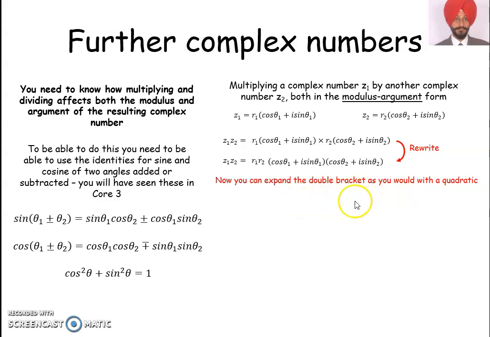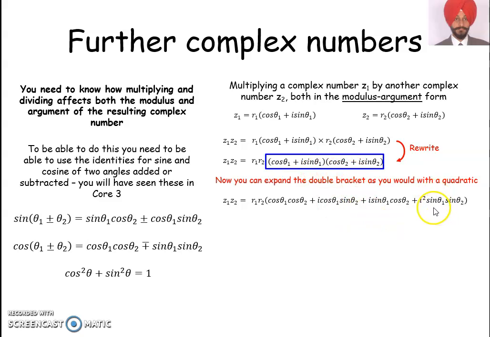Now you can expand the double bracket as you would in a quadratic. So cos theta 1 cos theta 2 plus iota cos theta 1 sin theta 2 plus iota sin theta 1 cos theta 2 plus iota square sin theta 1 sin theta 2. So we multiply these two. Now come to the next one.